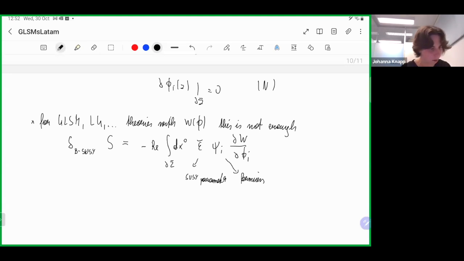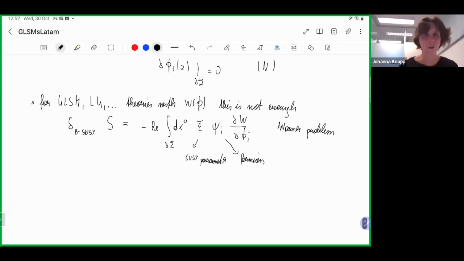And this problem is due to Nick Warner, and is therefore called the Warner problem. And it was around since 1989 because it appeared in the Landau-Ginzburg models. And this has been a problem for a long time.